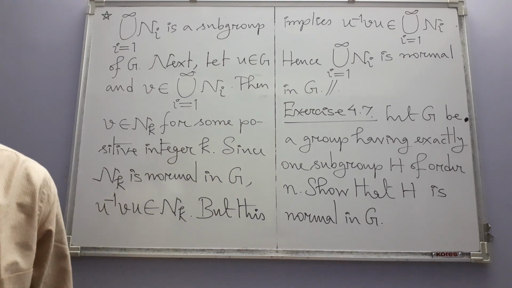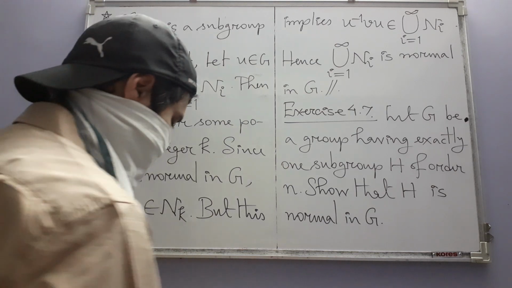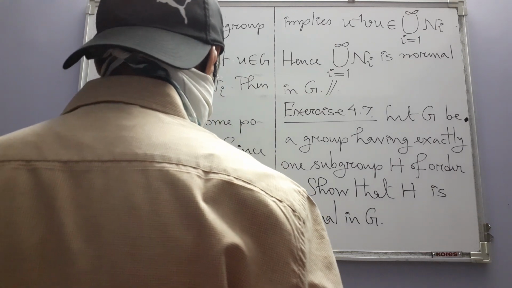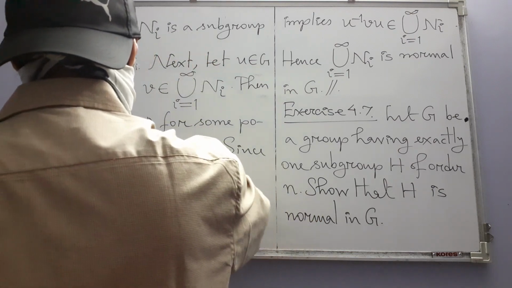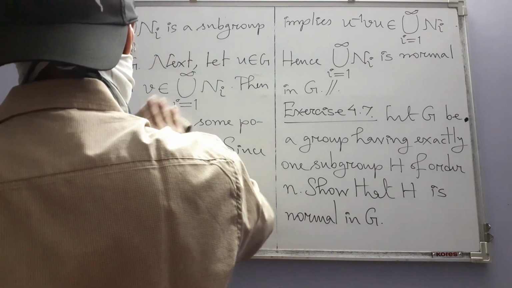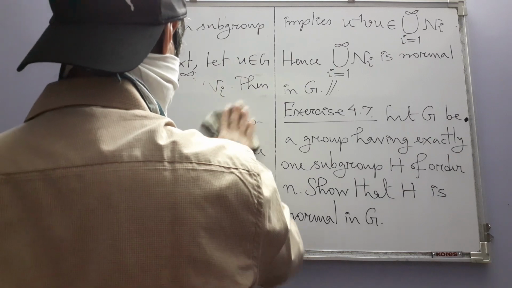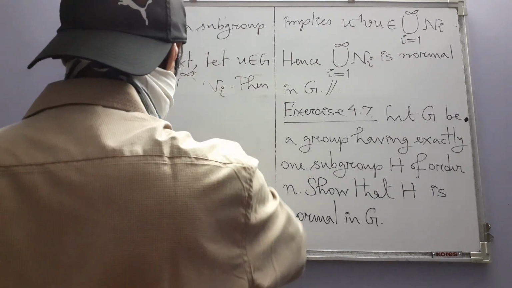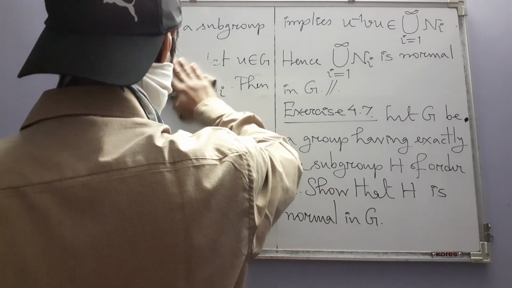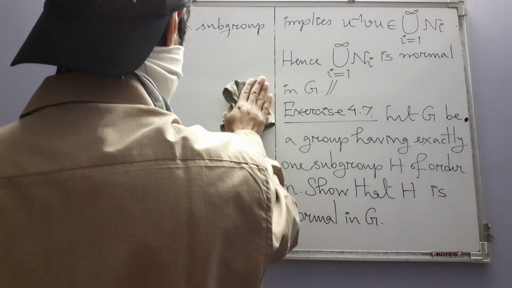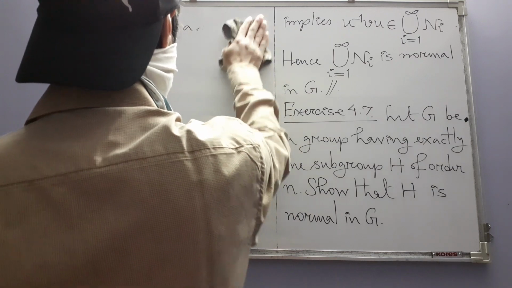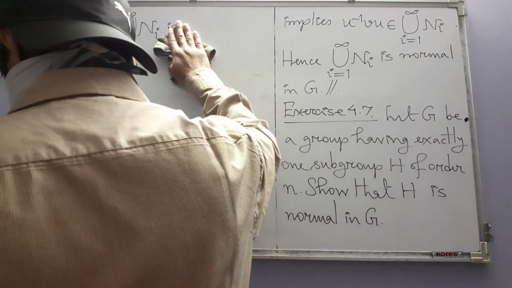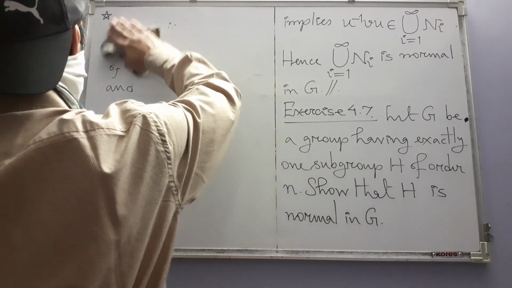Okay, so already H is a subgroup that is given. We just need to prove the normality of H in G. And here we will need a result that we see in the theory part of this section, which is theorem 4.2.